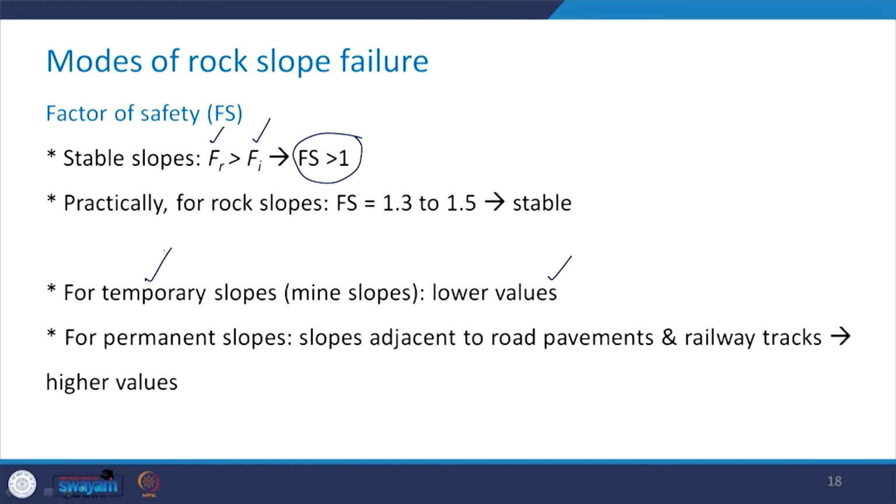In case of permanent slopes, the slopes which are adjacent to road pavements and railway tracks, one needs to go for higher values of the factor of safety. So, basically these factors of safety also take into consideration some of the uncertainty factors.